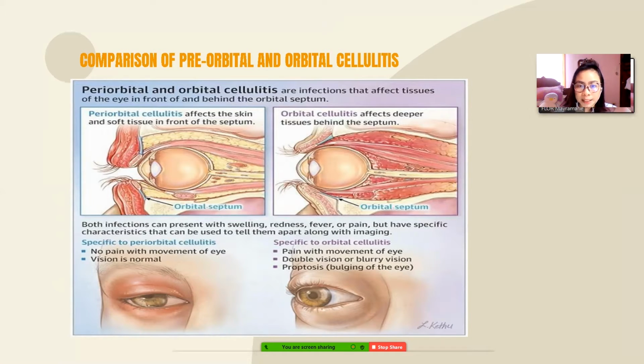Orbital cellulitis affects deeper tissues behind the septum, and has pain with movement of the eye, double vision or blurry vision, and proptosis or bulging of the eye.